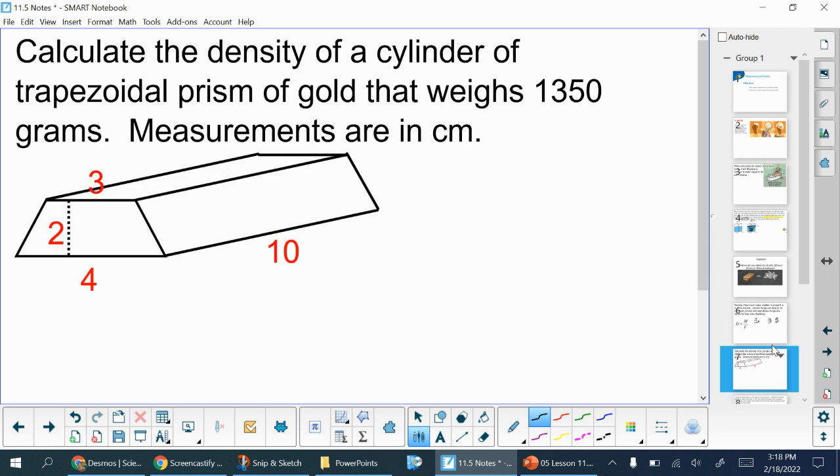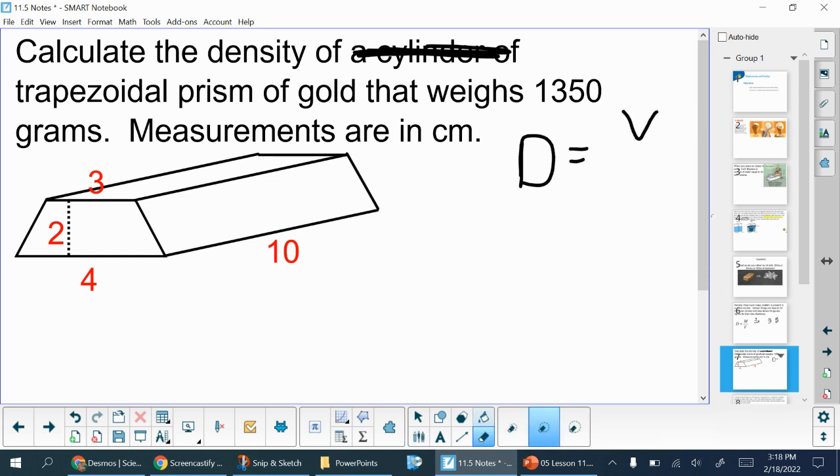Okay, so something like this might be a good place to start. Calculate the density of a trapezoidal prism of gold that weighs 1,350 grams. It says all the measurements are in centimeters. So since our density relies on us knowing the mass and the volume, the first thing we've got to do is, we know the mass, we're going to calculate the volume.